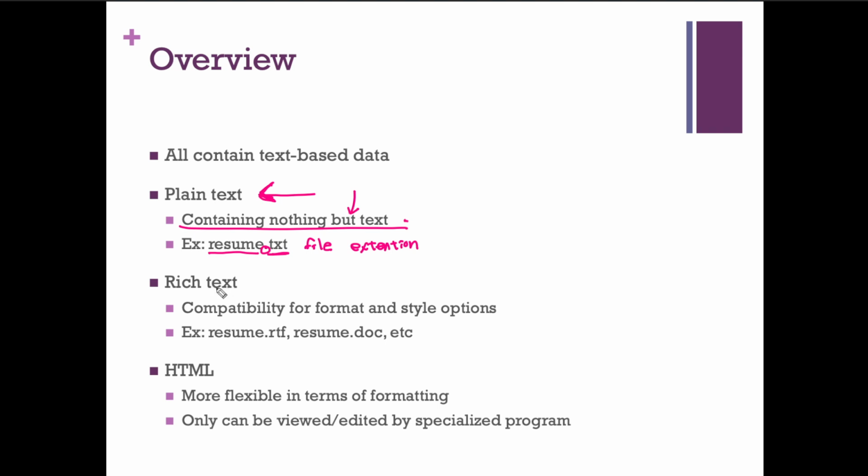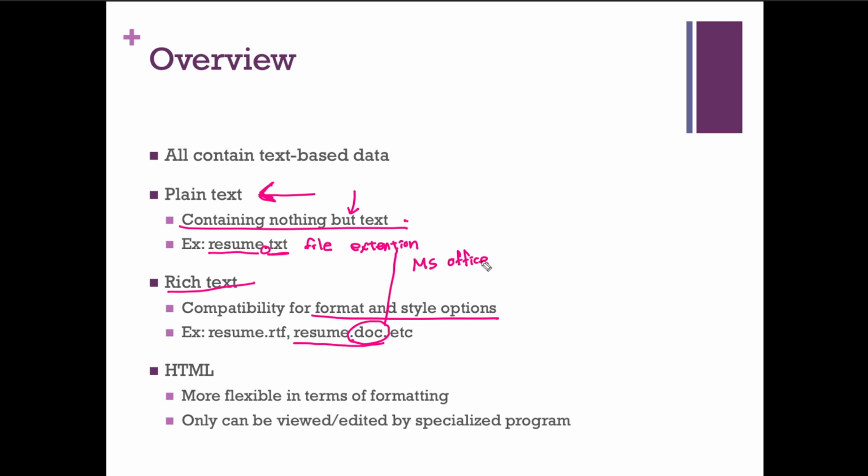Now, on the contrary, rich text is similar, but compatible with format and style options. So rich text can be good. One of the good examples is Microsoft Word. Whenever you see .doc, this is a file extension of what? MS Office, right?